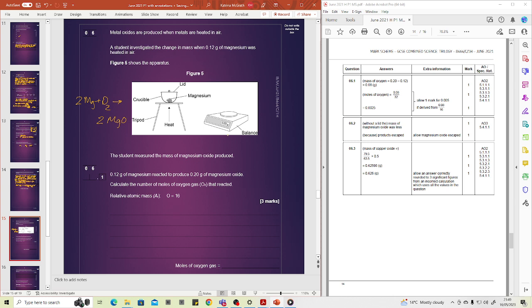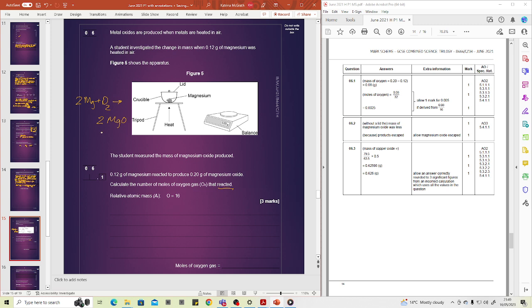And you're going to weigh things before and after. So we've got 0.12 grams of magnesium reacting to produce 0.20 grams of magnesium oxide, and the number of moles of oxygen gas that reacted must be the number of moles you get from the difference between the two masses, because it's the law of conservation of mass.